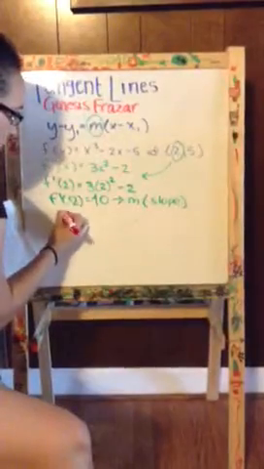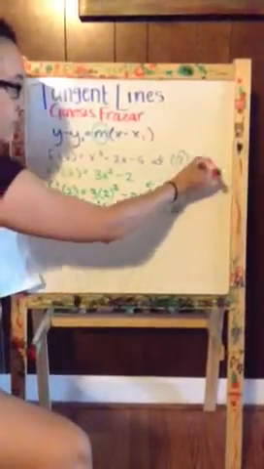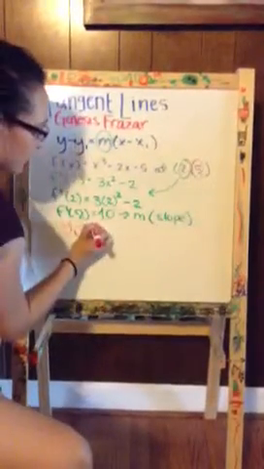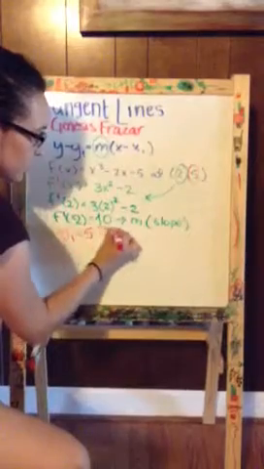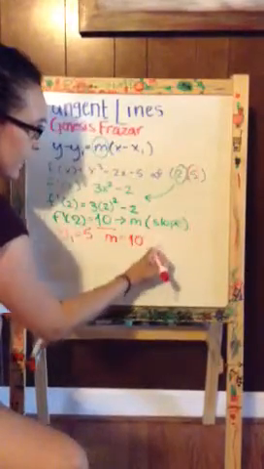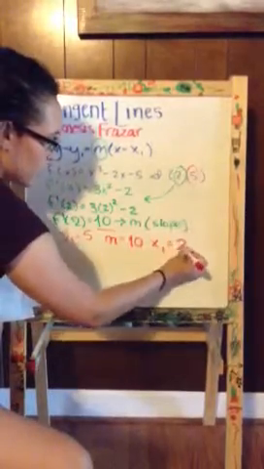We have your y1, which is given to you, the 5, your m, which is what we just solved for, your 10, and x1, which is also given to you, number 2.